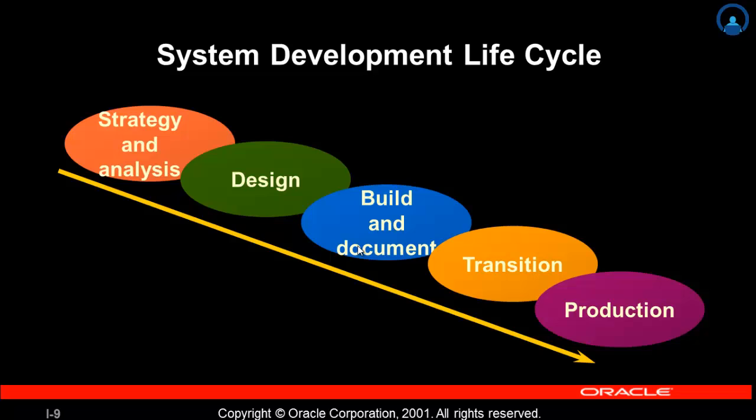Strategy and analysis. Study and analyze the business requirement. Interview users and managers to identify the information required. Incorporate the enterprise and application mission statement as well as any future system specifications.